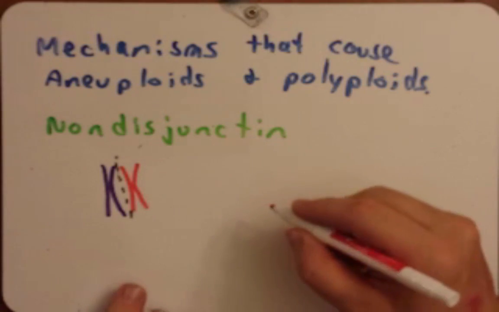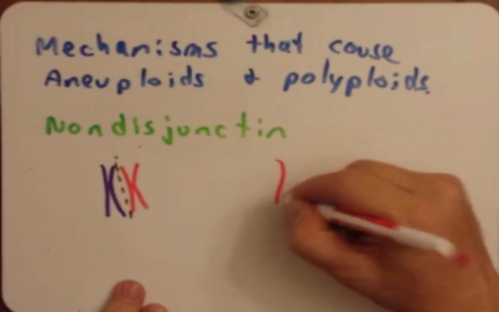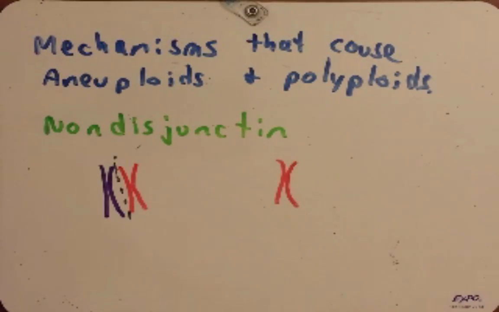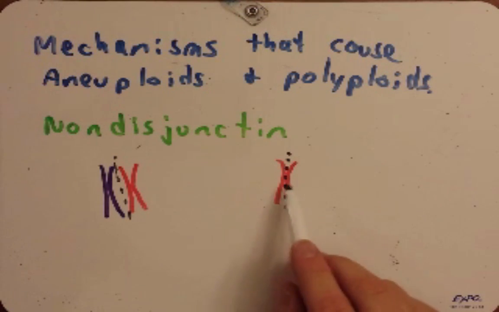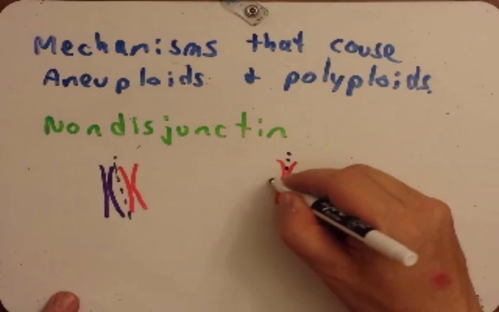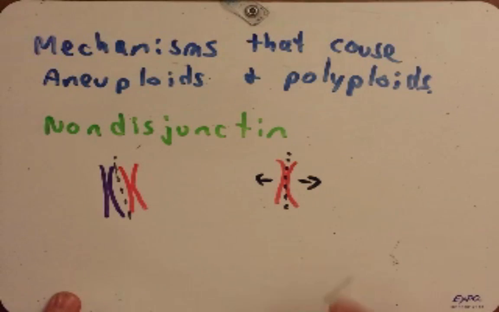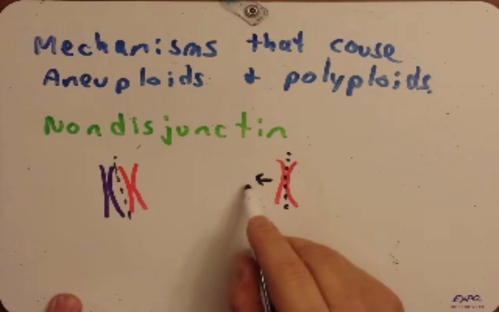You can also have a situation where during meiosis 2 or during mitosis, the sister chromatids, as they line up along that metaphase plate, they're supposed to pull apart, but sometimes with nondisjunction, they stick together. And instead of going in this direction and this direction, the two sister chromatids both go in this direction.